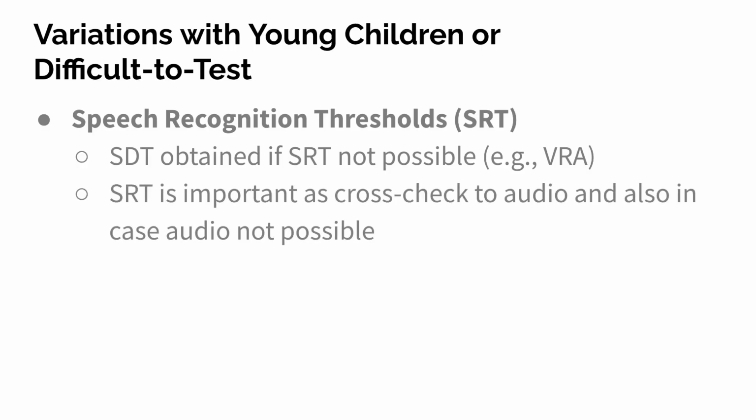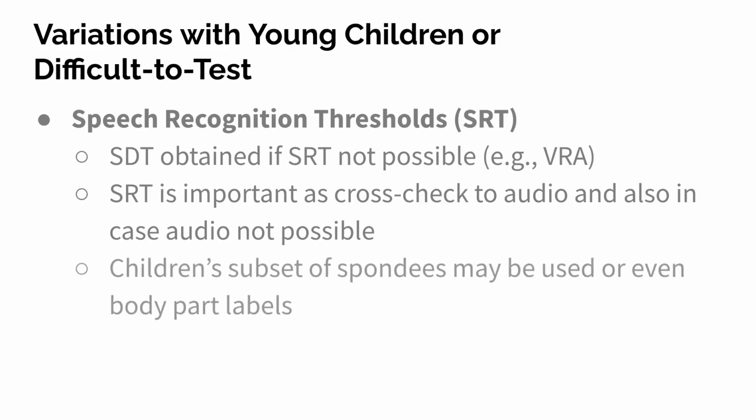SRT is an important cross-check for an audiogram. This is especially important for children who are 2, 3, 4 years old, for cross-checking their audiogram, where you can get an SRT, a picture-pointing SRT, and also in cases where it's not possible to get a full audiogram. I have had those cases where I could get an SRT, but not conditioned play audiometry.